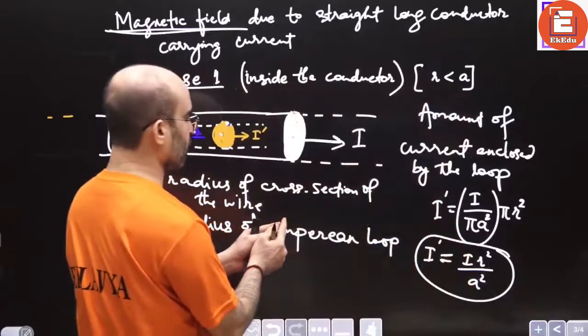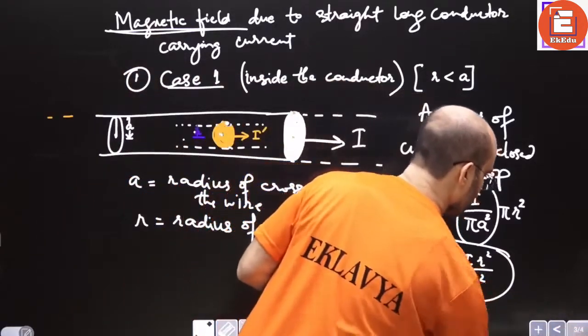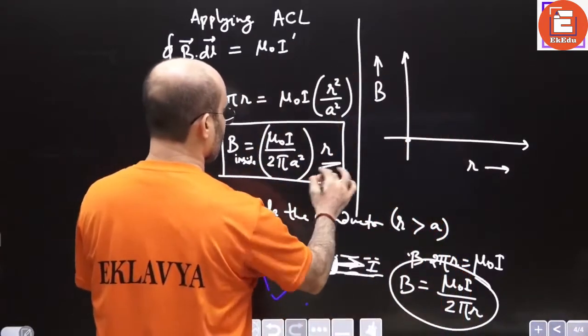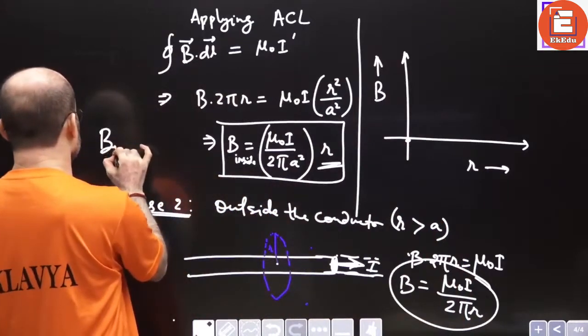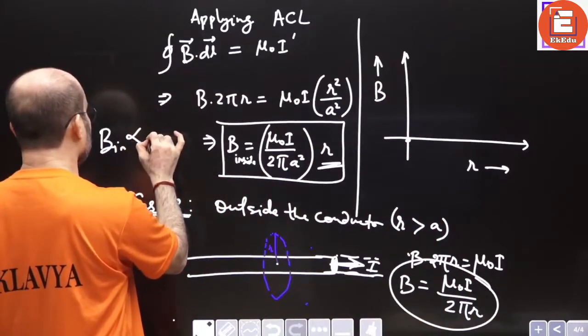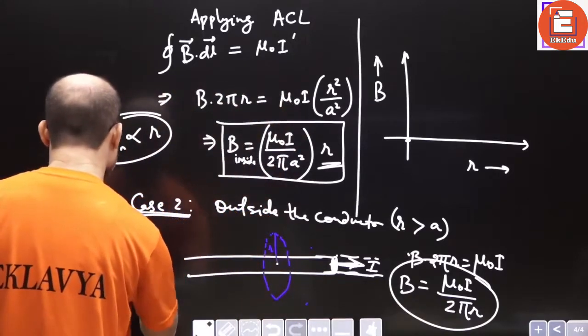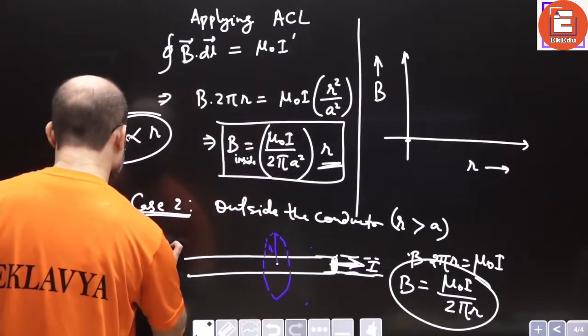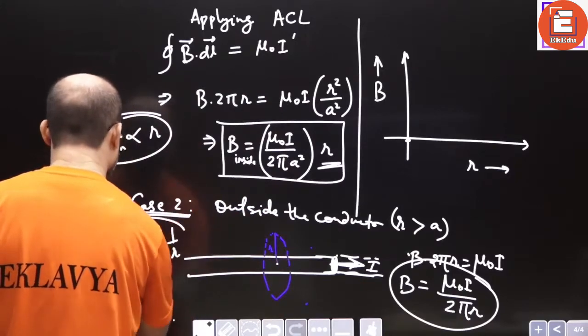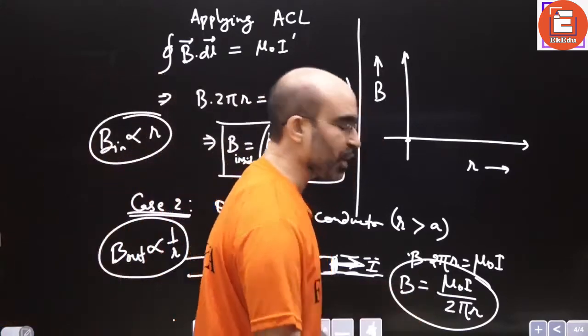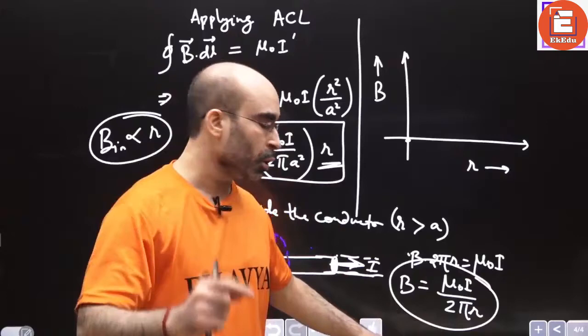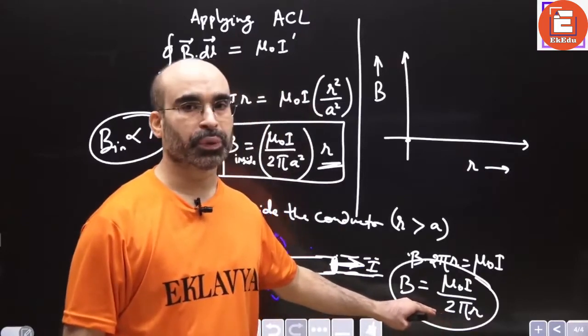Why so? Look at this. Here, B inside is directly proportional to R, and here B outside is inversely proportional to R. And this is the expression which we found using BS law.